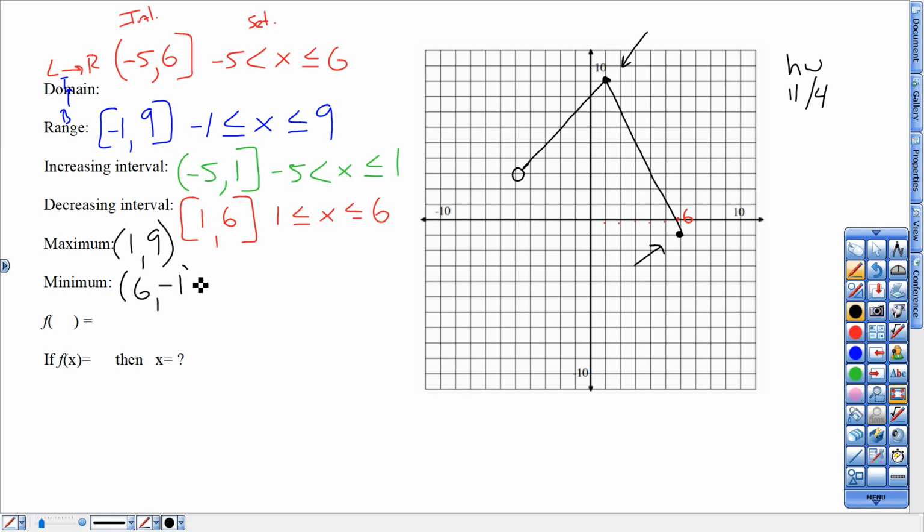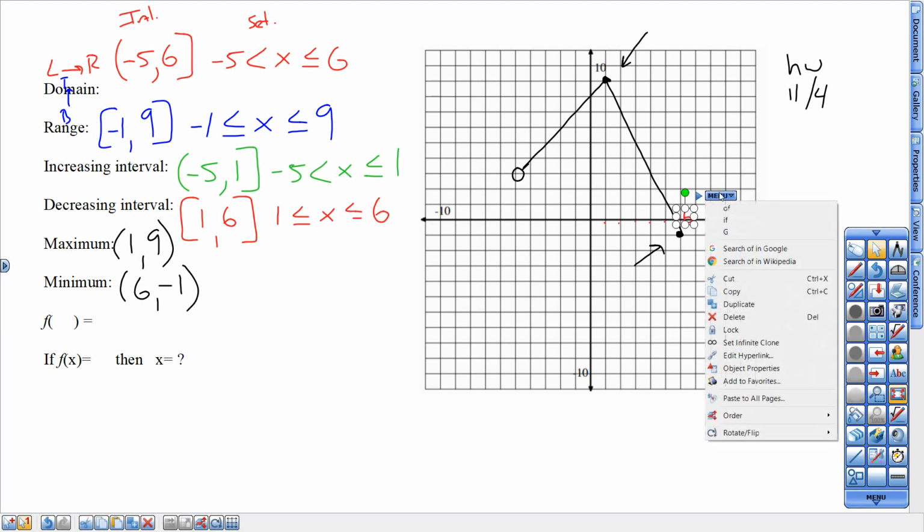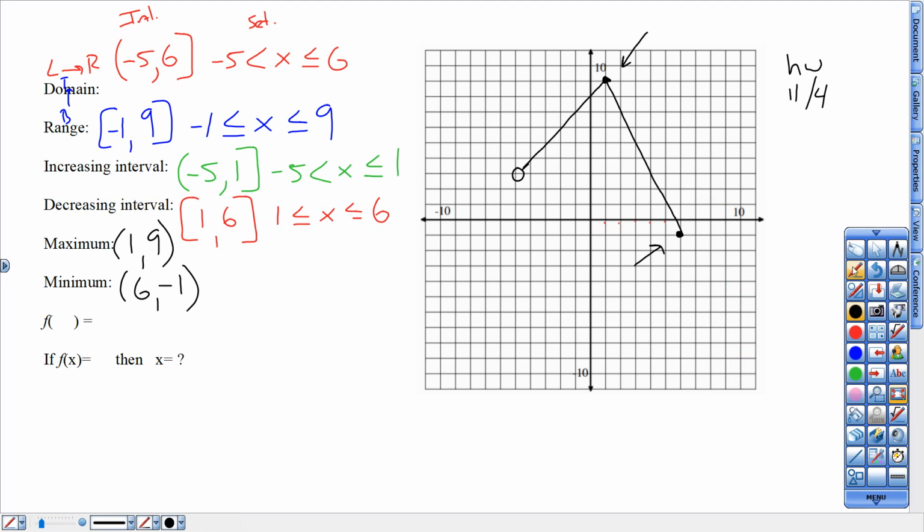All right, the harder ones. These are ones where I give you the x number and you find the y number, or I give you the y number, then you find the x. So for this first one here, I'm going to give you x is 4. And again, that's me giving you x is 4.